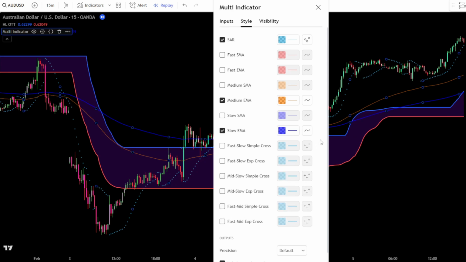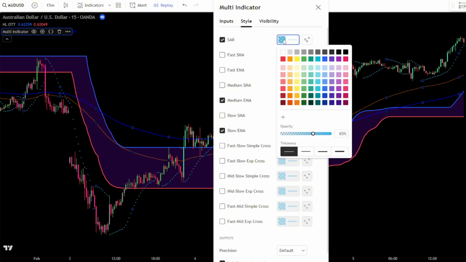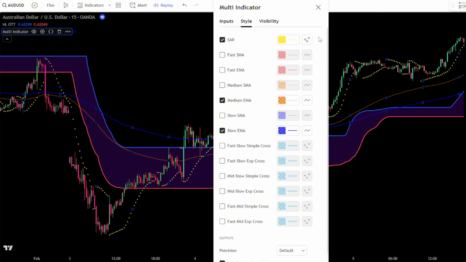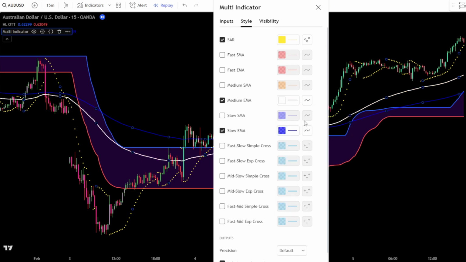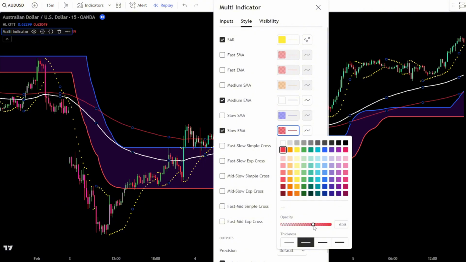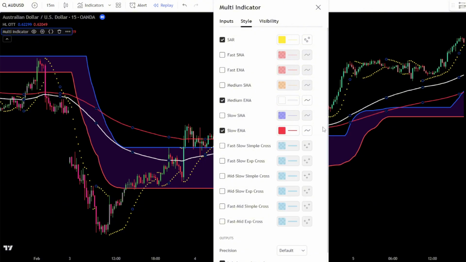After that, adjust the colors of the Parabolic SAR, Medium EMA, and Slow EMA according to your preference. Once done, just click OK to save the changes.